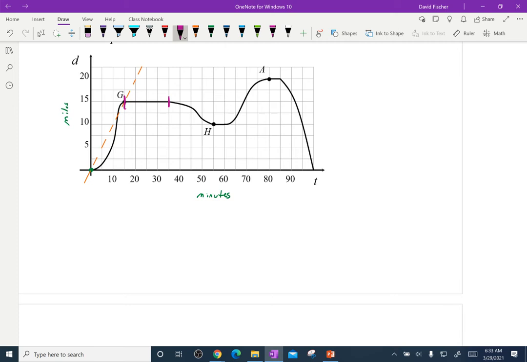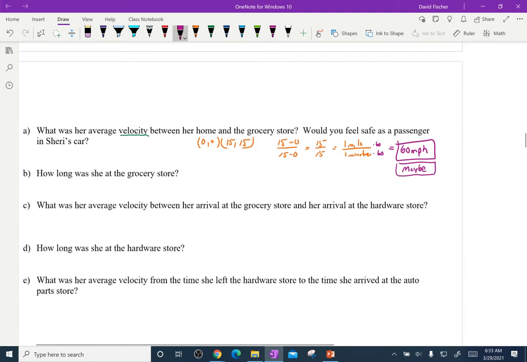The hardware store must be closer to her house, kind of like our remote control car. If it's going down, that's not her speed. That just means the distance is closer to her house. So how many minutes was she at the hardware store? They're counting by 5, so I hope you said 20 minutes here.